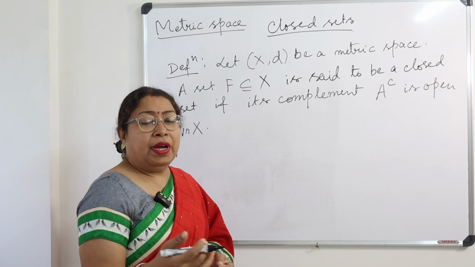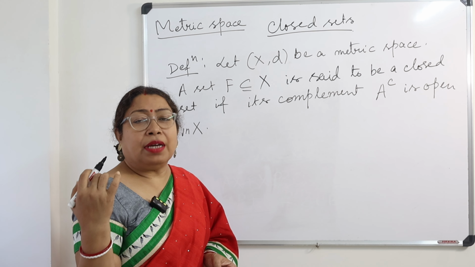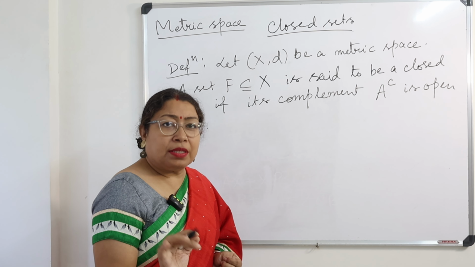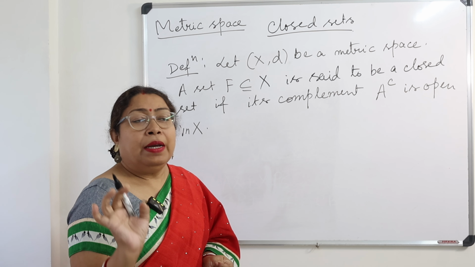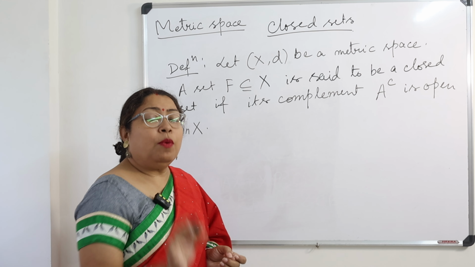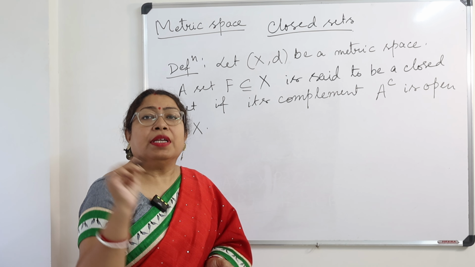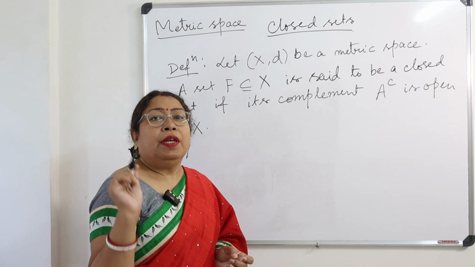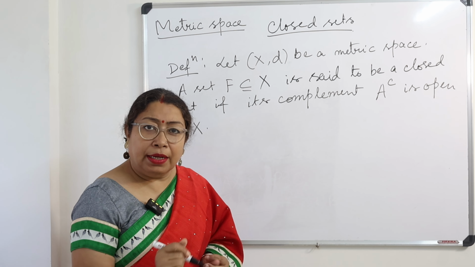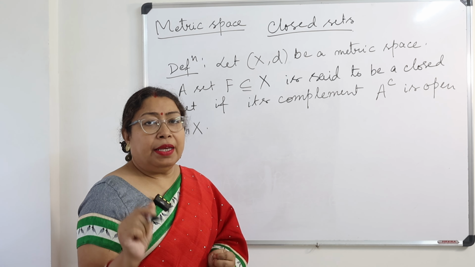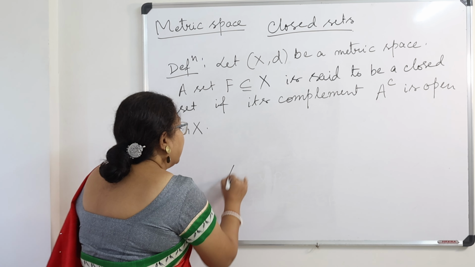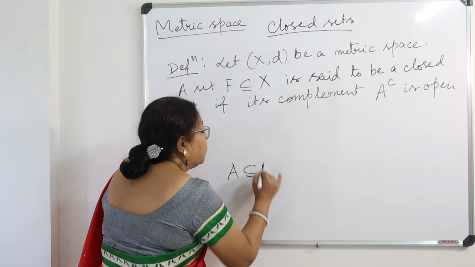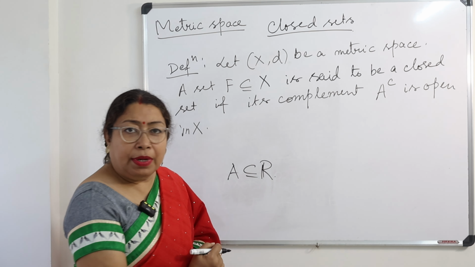To define a closed set in another way, let us first define limit points. Now, what is a limit point? You already know in real analysis, suppose A is a subset of the set of real numbers.